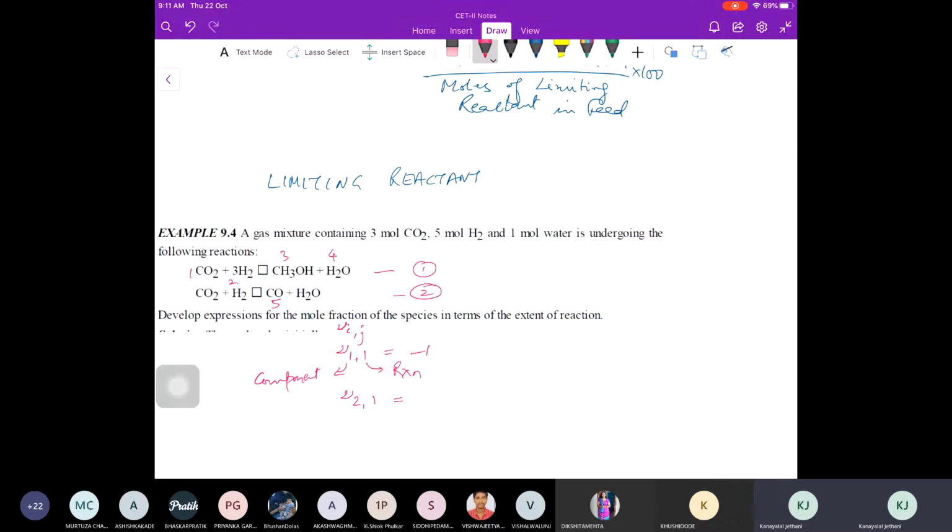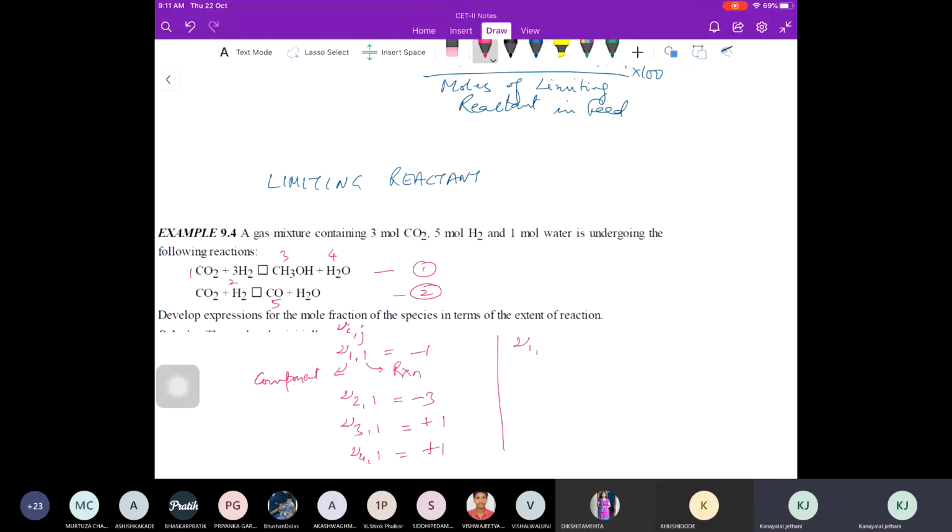So what is the nu for hydrogen in the first reaction? -3. -3. Nu component 3 for the first reaction? +1. +1. And nu for component 4 in the first reaction? +1. Okay, so now if we take the second reaction, this is reaction 1.